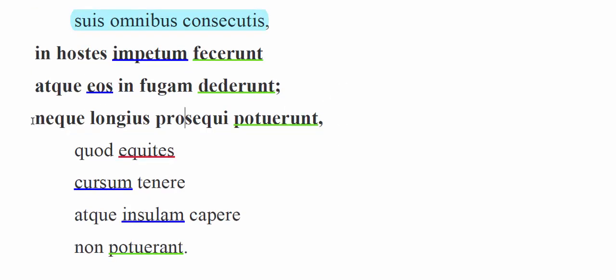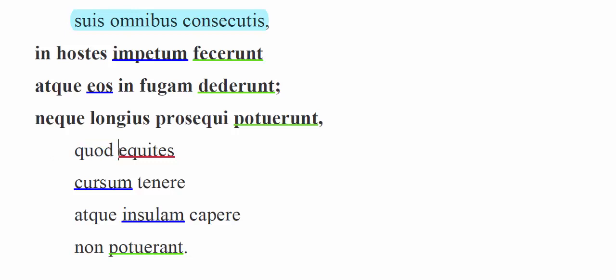But this is almost a but. But, or and, they cannot or could not, because of perfect tense, they could not follow very far, comparative adverb, okay? They could not pursue the enemy very far. Well, why not?